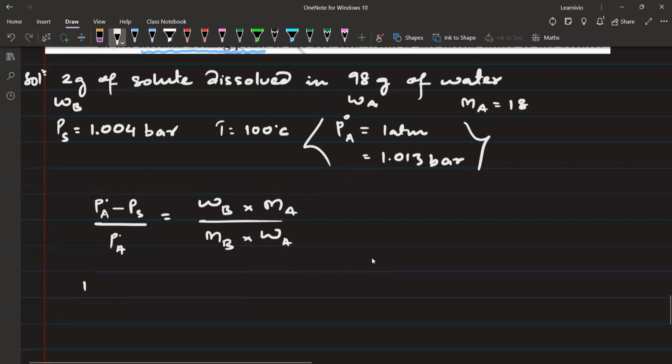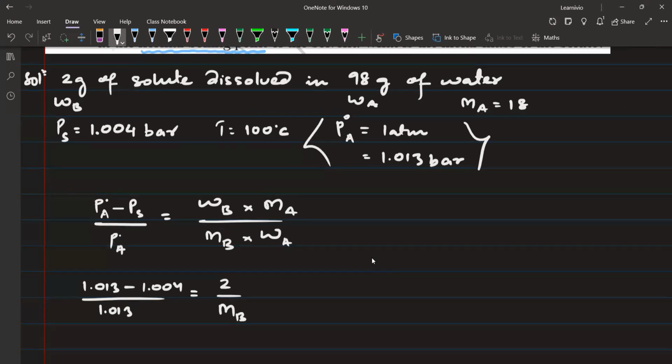P naught A is 1.013 bar, minus 1.004, divided by 1.013. Mass of solute is 2, divided by the molar mass of solute, which is what we have to calculate, multiplied by the molar mass of solvent, 18, divided by 98.